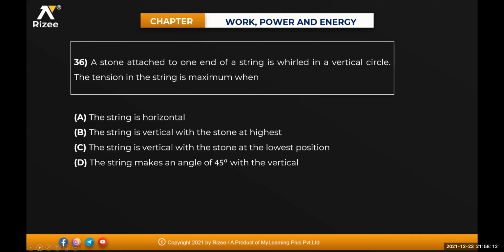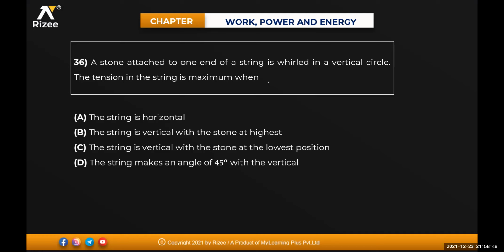Come on, try to do it. Question number 36.